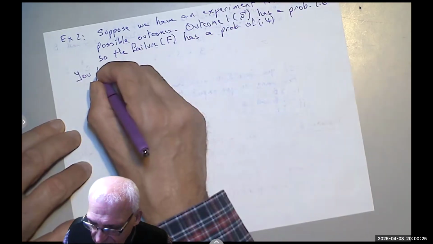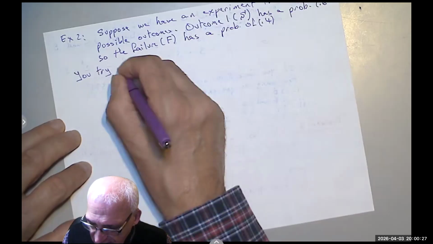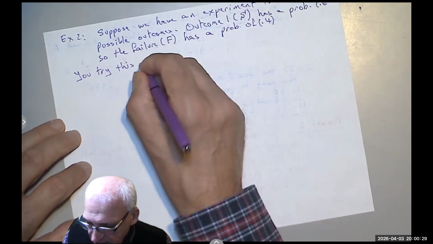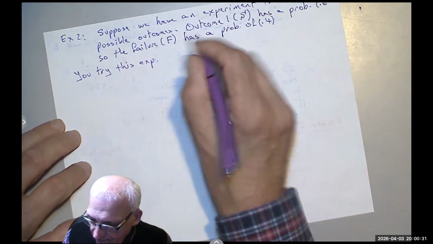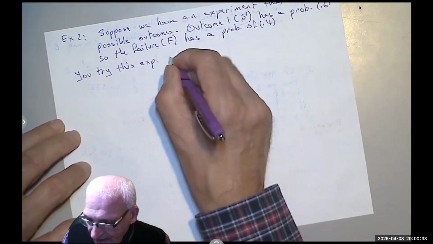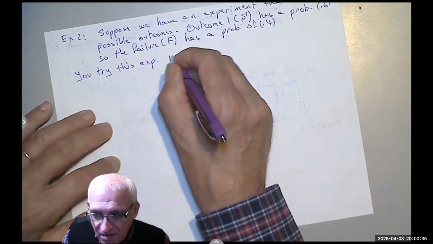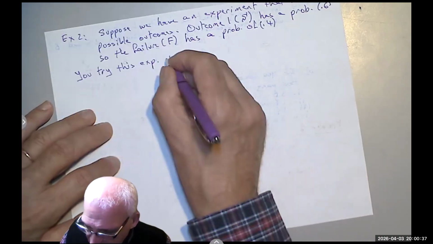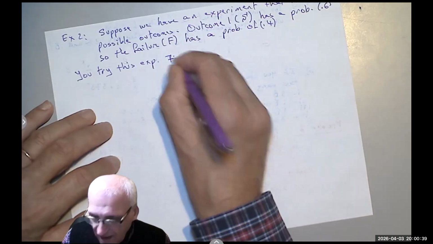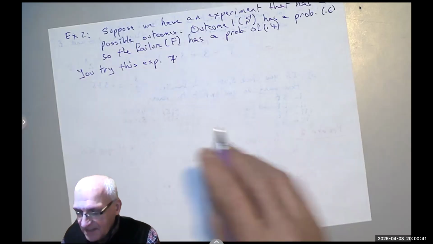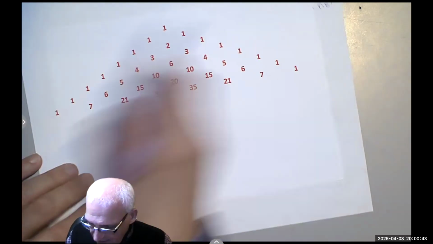You try this experiment, or repeat it, say 10 times, or let's make it 7 times since we have up to row 7. And you say, but you told us this is if they are equally likely.